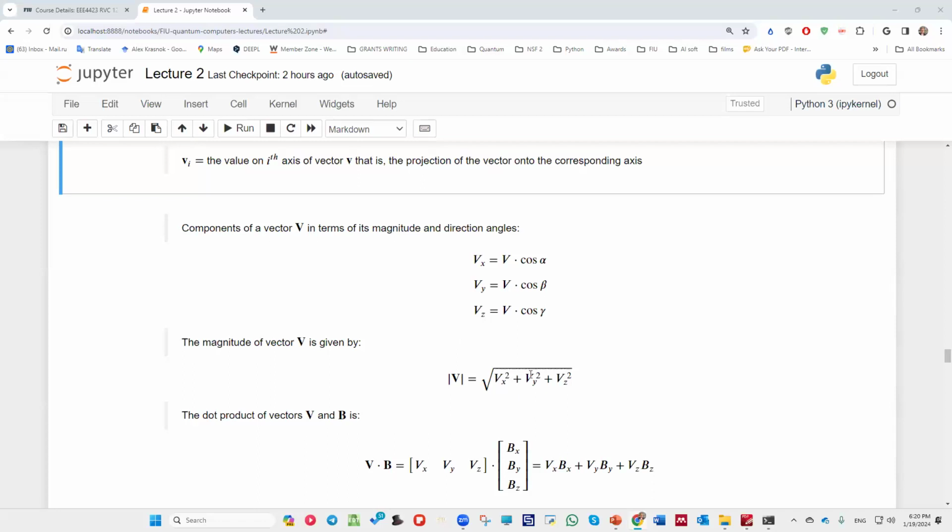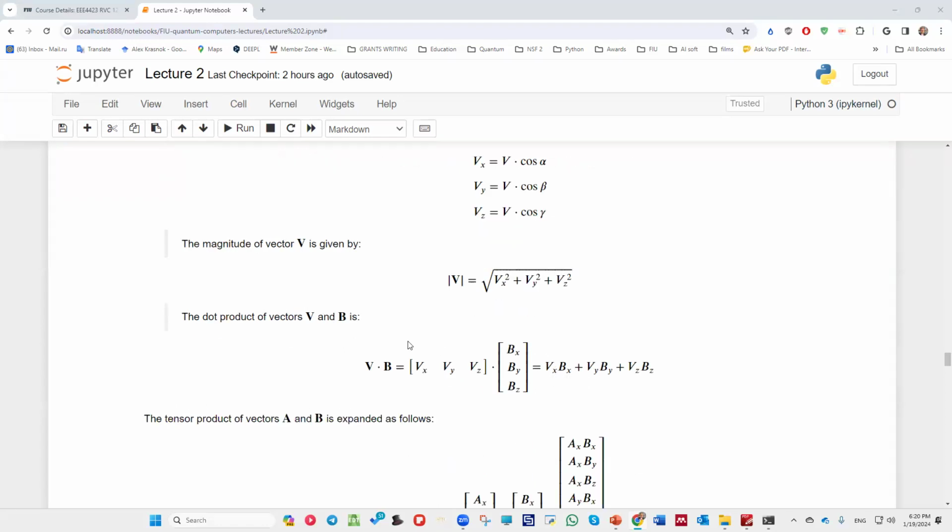And as we discussed, the magnitude of the vector is given by the square root of the summation of squares of the components of the vector. For two vectors v and b in this space, the dot product can be written in this form, right?